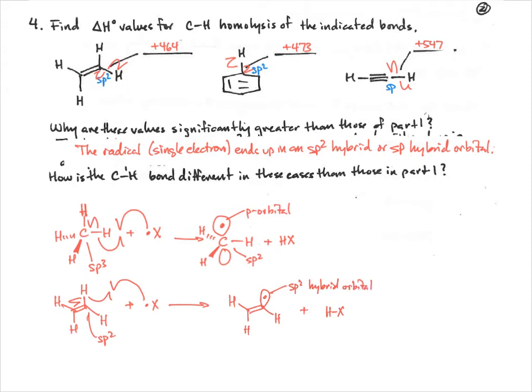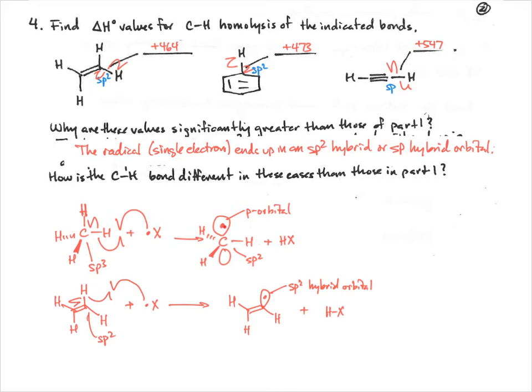Is that clear to everyone? So just so that we're all on the same page, this is your p orbital when you're starting from the sp3 hybrid in this first case here. The single electron that I'm showing there, again, resides in both lobes of the p orbital.